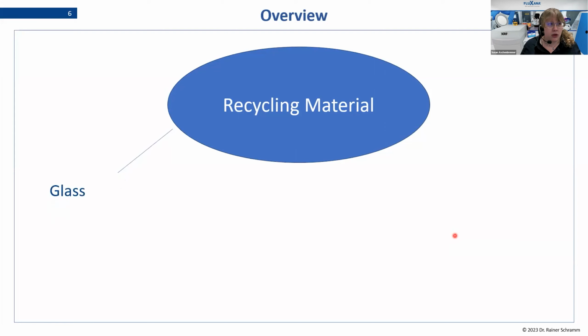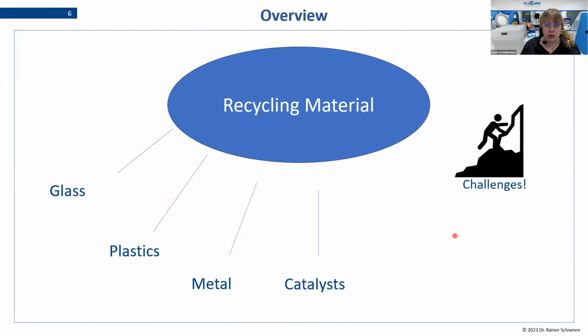So today we will have a look into recycling of glass, plastics, metal, and catalysts. And we will also have a look into all the challenges that come with these different materials.